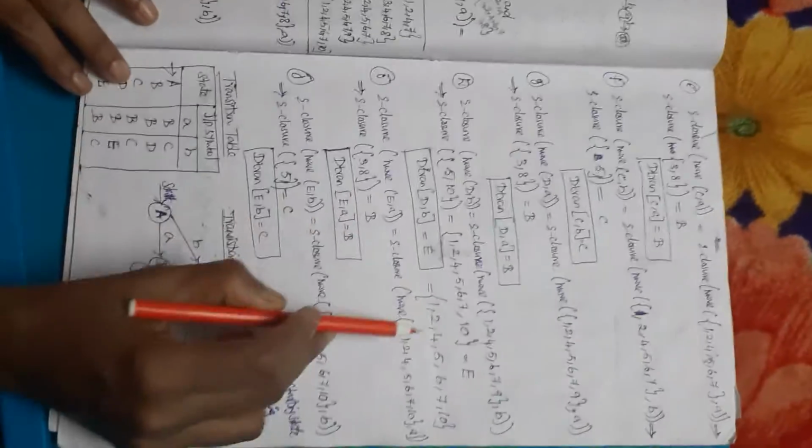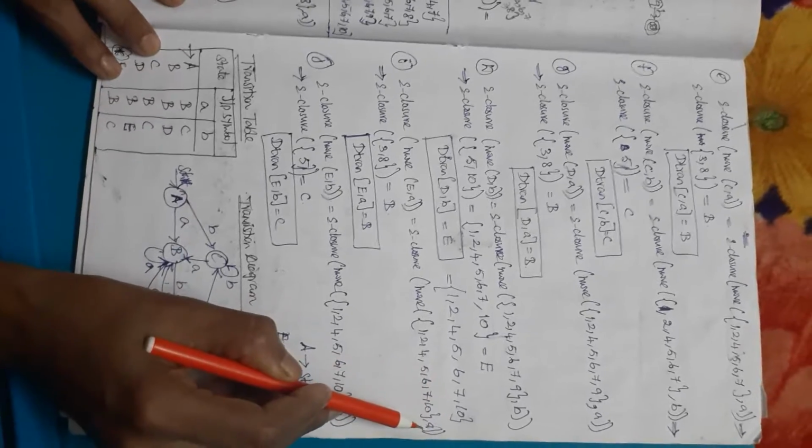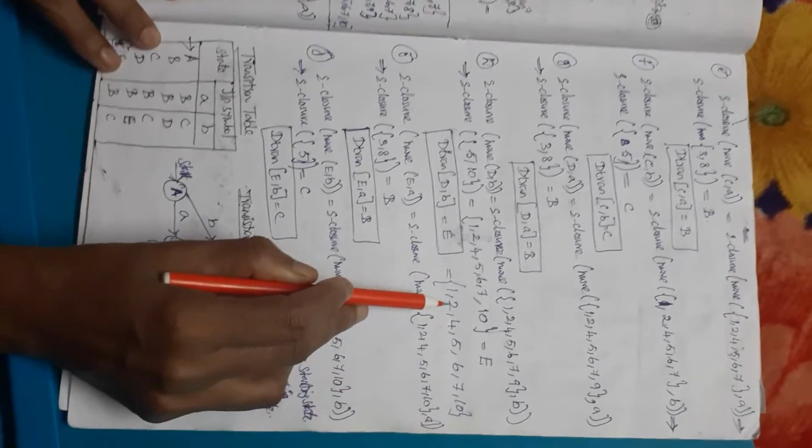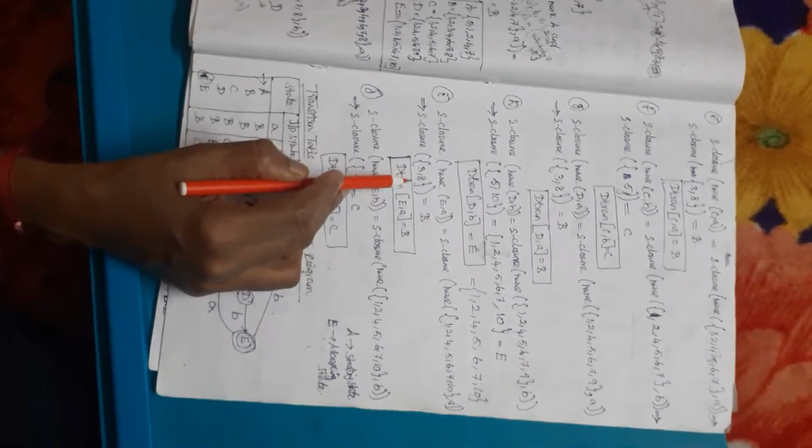Now you can go for the E transition of E comma A. E is 1 2 4 5 6 7 10, and the input symbol is small a. So you have to check: 1 can move from 1 to 2, 1 2 4, empty. Then check 2: the next input symbol is 3.